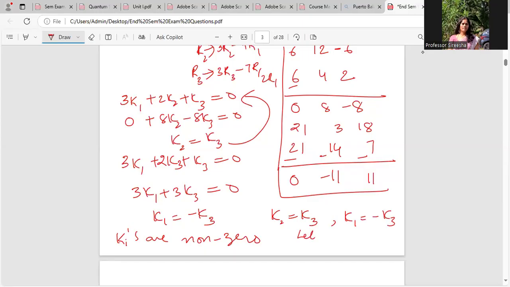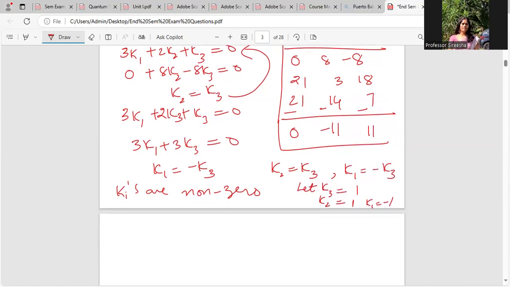Now, if I say k3 is equal to 1 or something, then k2 would also be 1 and k1 would be minus 1. So nowhere have I got that the scalars are 0. So I can clearly say here the ki's are non-zero, so linearly dependent, fine.